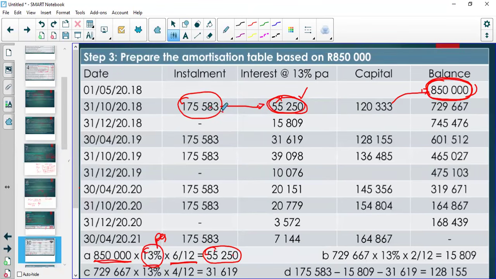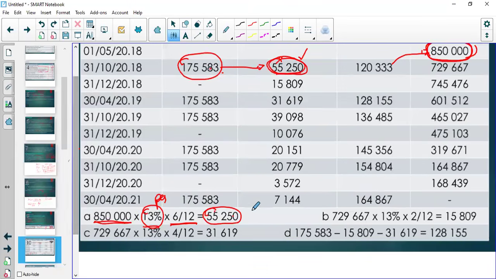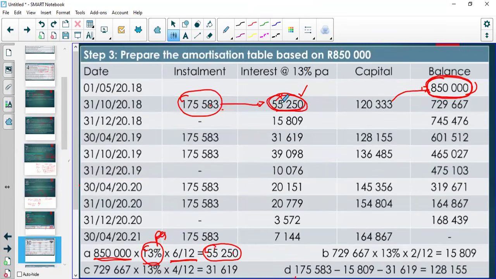So 175,583 minus 55,250. Let me just do a calculation here so that we can move together.